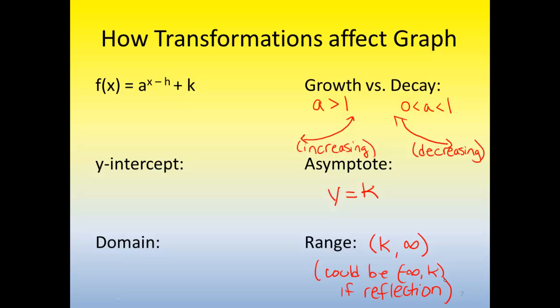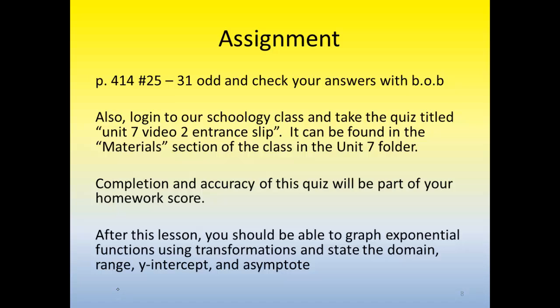The domain, good news about the domain, it's always all real numbers. And then the y-intercept. You're going to make the x-coordinates 0 and evaluate it from there. Very much the same with a lot of things that we've been doing so far.